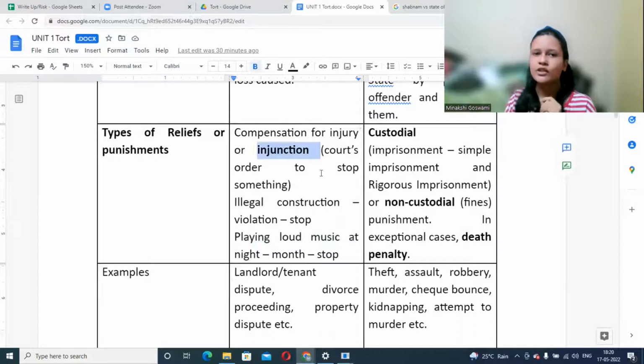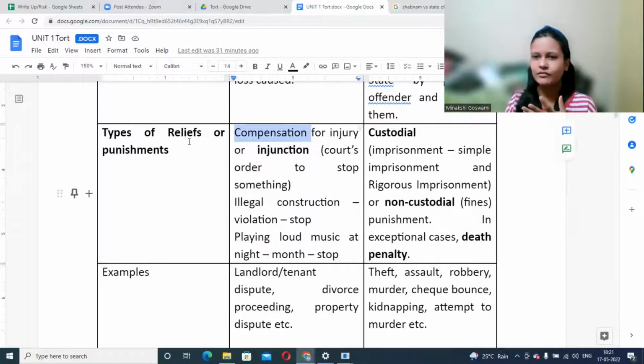In that case, the court might pass an injunction order asking me to stop playing loud music at night. Plus, the court may even ask me to pay compensation, because for 6 months I have already disturbed you. Yes, I have suffered for 6 months. So the court might say that the injunction alone is not enough. What about those 6 months that you have suffered? So they might provide both.